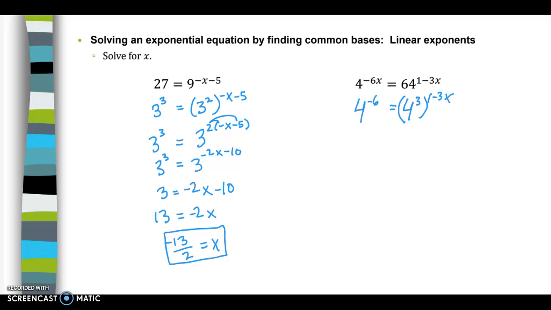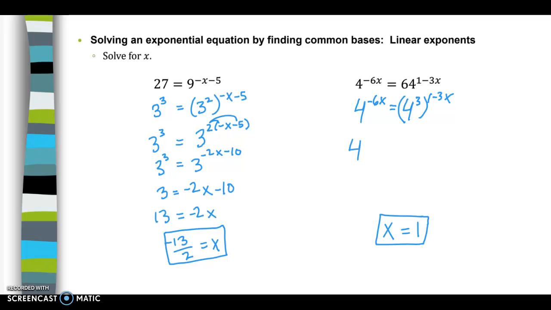The left-hand side stays the same, 4 to the negative 6x. Now, I want you to see if you can go ahead and get x equals 1 as the answer. So go ahead and pause the video, go through and see if you can do the work, and then I'm going to walk through this problem.